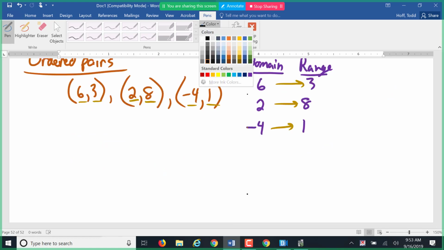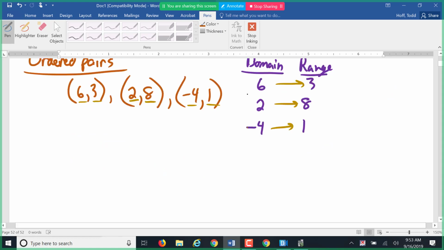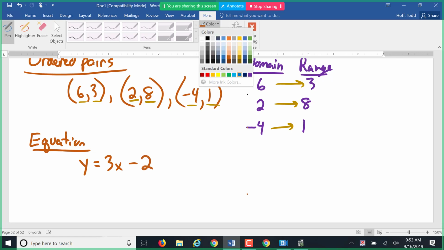Now, ordered pairs, again, are a way we're used to seeing them. Kind of a link from ordered pairs is equations. An equation might list a relationship between variables. We might have y equals 3x minus 2. There's a relationship.